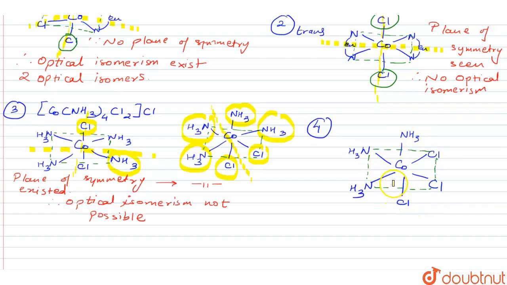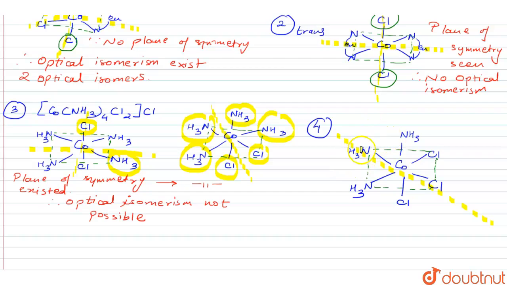So definitely this is a facial isomer which we are seeing. But in this case also, we can say that there is a plane of symmetry existing. How do you say that? If you are looking at it from this point of view, where the plane of symmetry passes from this diagonal, there again we have a perfect plane of symmetry.